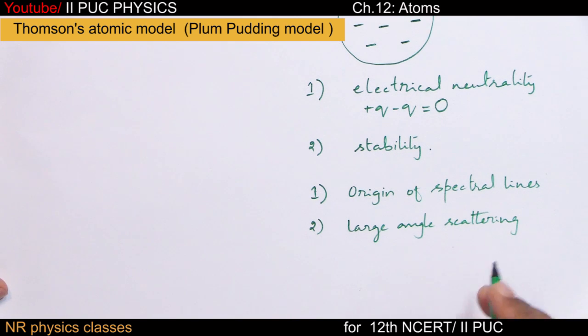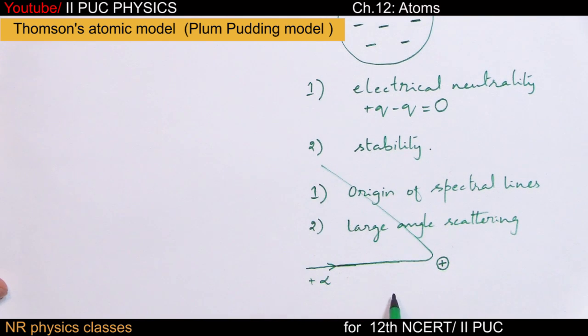Large angle scattering means, if this is the nucleus, suppose positively charged, and a positively charged particle, just like an alpha particle, is projected towards the nucleus, because of positive repulsion the alpha particle experiences a larger force. So the direction of motion of the alpha particle changes. So this is the initial direction of motion.